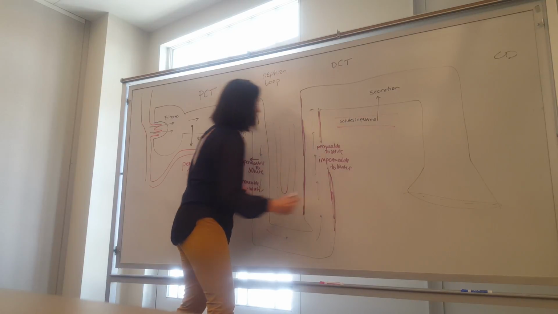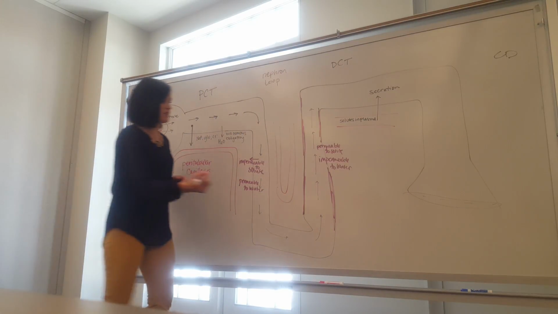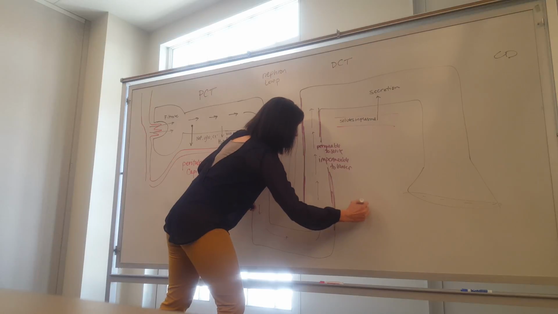This is largely in the juxtamedullary nephrons, and they're important in urine concentration as well.